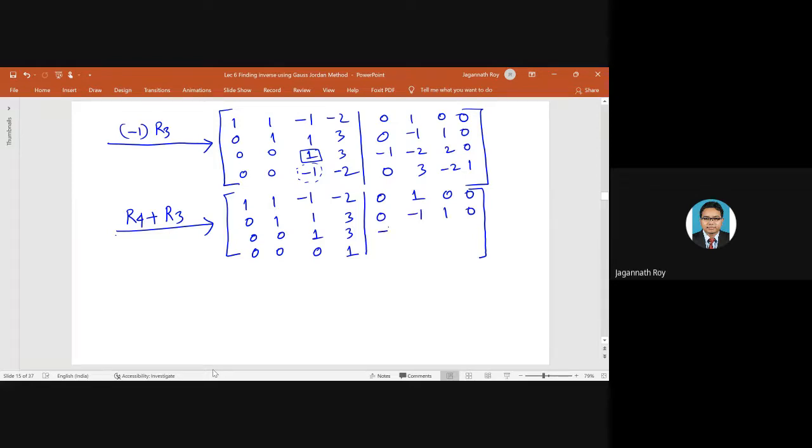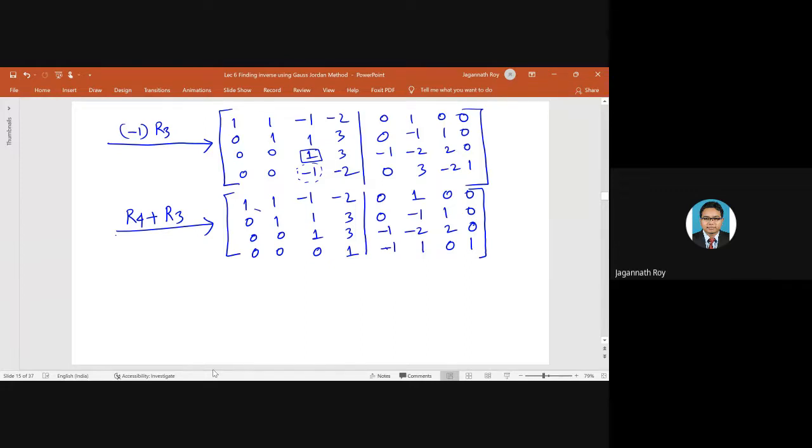The third row is minus 1, minus 2, 2, 0. And then it becomes minus 1, 1, 0, 1.